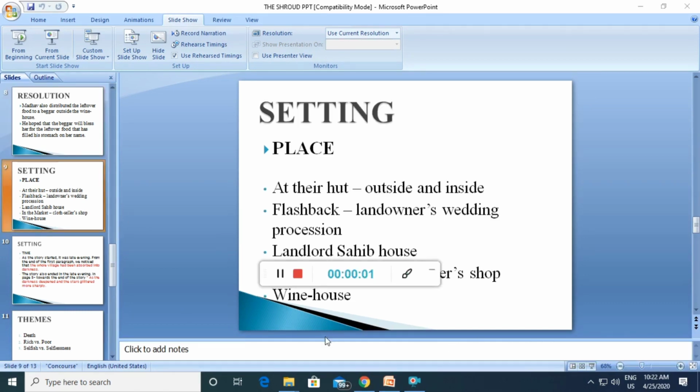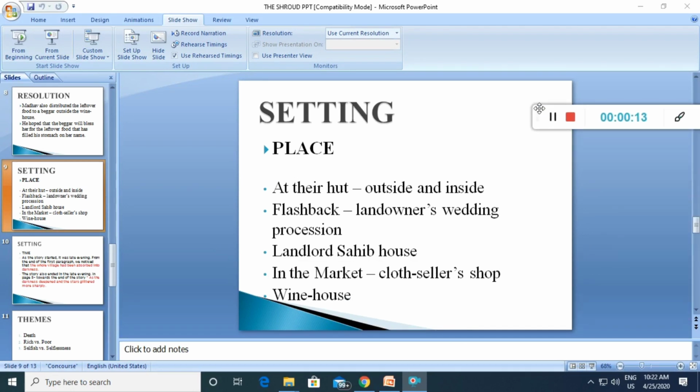Okay, the next thing that we are going to discuss over here is the setting, right? And the setting, we have two, place and time. And the place, we are going to begin with how the story started, right? When the story started, both the father and the son were at their hut, right?